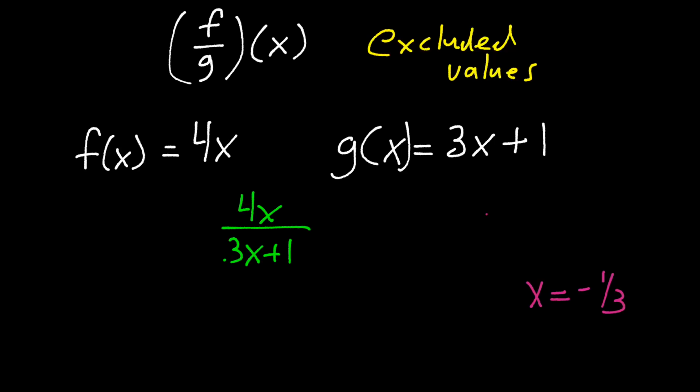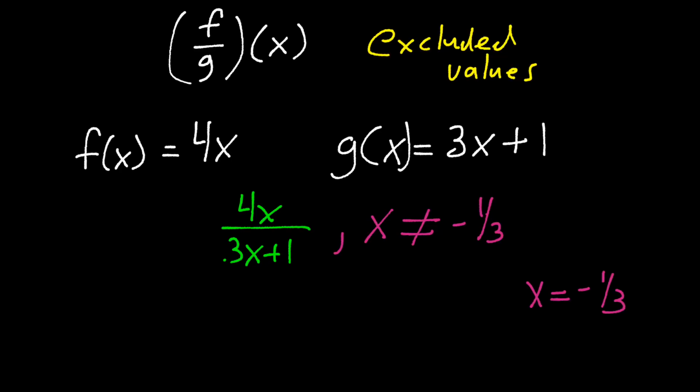But then we have to add this little text here, x cannot equal negative 1/3. Because if x equals negative 1/3, like I said, we're going to have 0 in the denominator, and that would be bad. So, f divided by g of x, not too tough, just create your fraction, but then also figure out what is the excluded value.